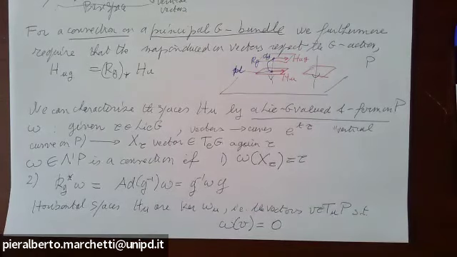So we have characterized your horizontal spaces by a one-form which is defined on the total space of the principal G bundle.